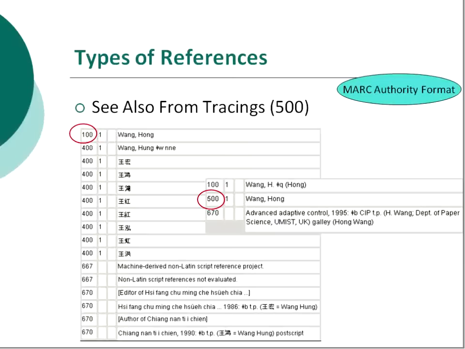Looking at this example, take a moment to look at these two screenshots here. I circled in red the 100 and 500 here.